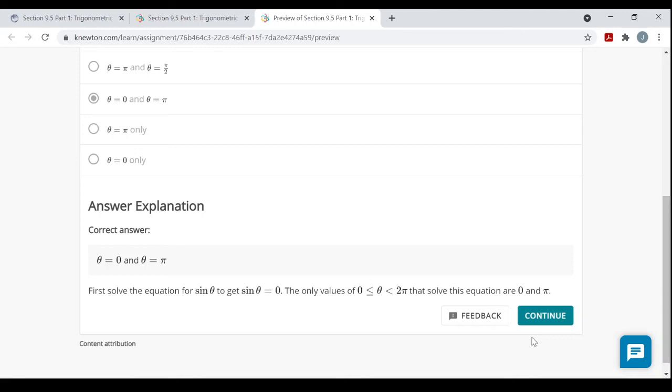You probably won't have to do all that in most cases, because usually they're going to ask you for solutions from 0 to 2 pi, which are pretty easy to find if you know your unit circle pretty well. But I'm going to continue to do this though. State the general solution, make a list of a bunch of solutions, and then find the ones that are in the range that they want.